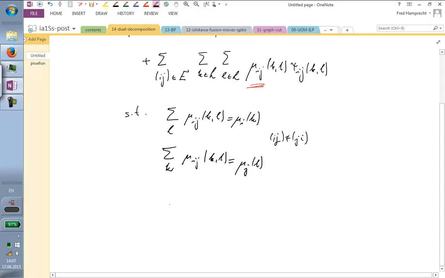Okay, and then we had the integrality constraints. So we said that mu ik must be a binary vector, and we want exactly one of these to be on. And we had mu ijkl that should also be binary.